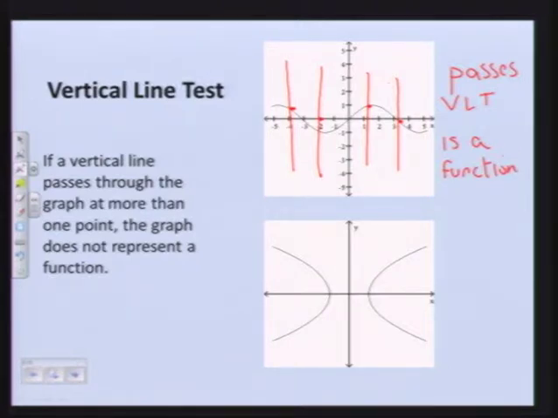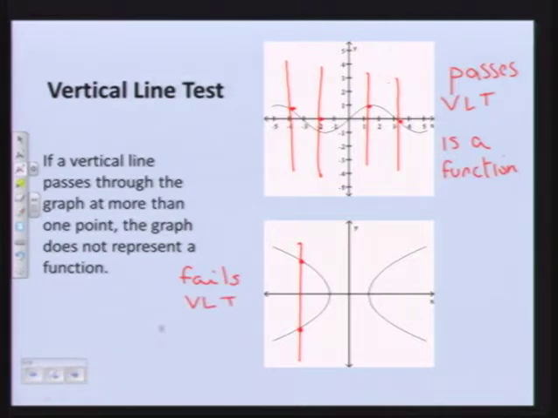If we go to the second graph there, I can draw a vertical line. Let me get my straight line out. As soon as I draw that vertical line, you can see that it hits this particular graph more than once. If that occurs in any one location, this particular graph fails our vertical line test.